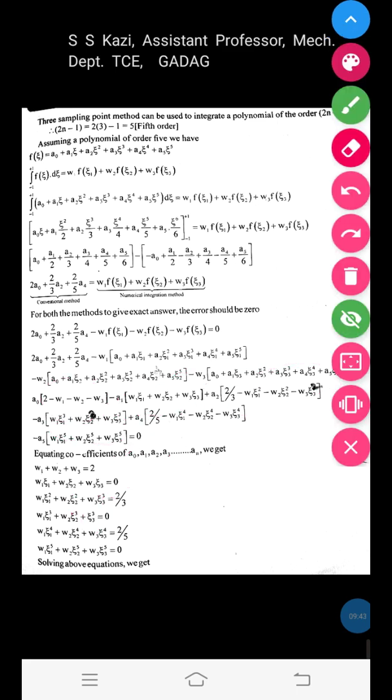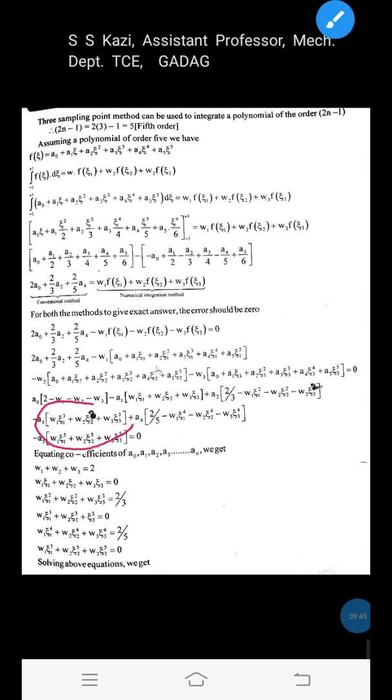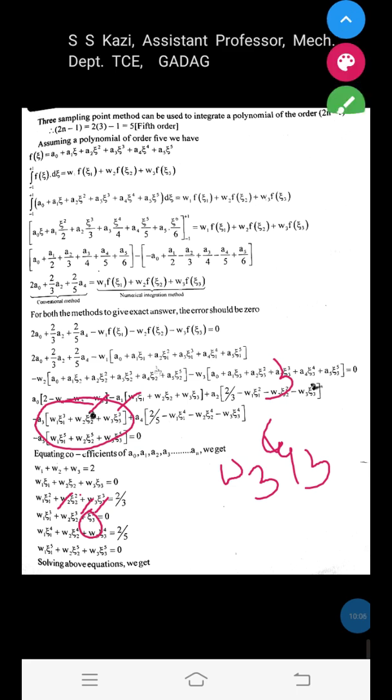Okay, I hope you are following my dear students. This is a3 coefficients, w1 zeta 1 cube plus w2 zeta 2 cube plus w3 zeta 3 cube. You write, this is printing mistake is there, you just include w3 zeta 3 cube. Okay, and that is equal to 0.